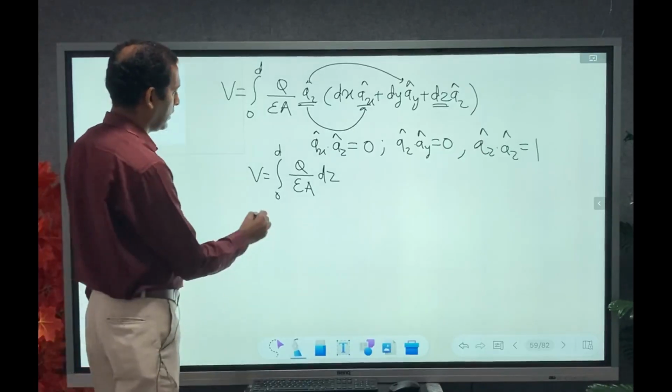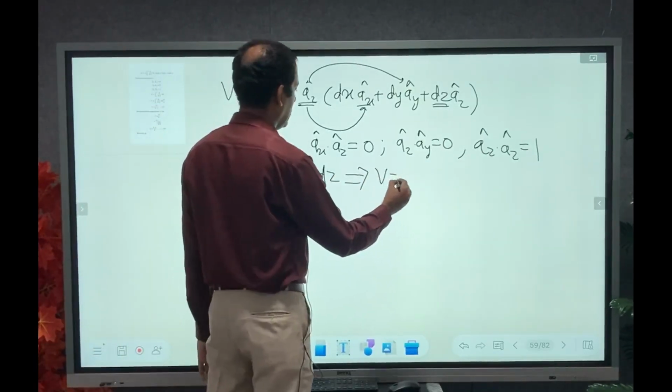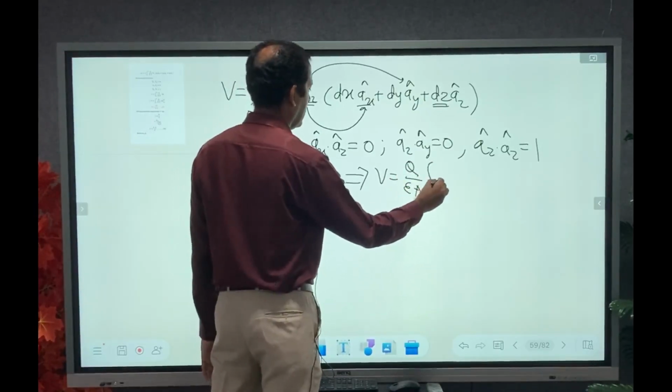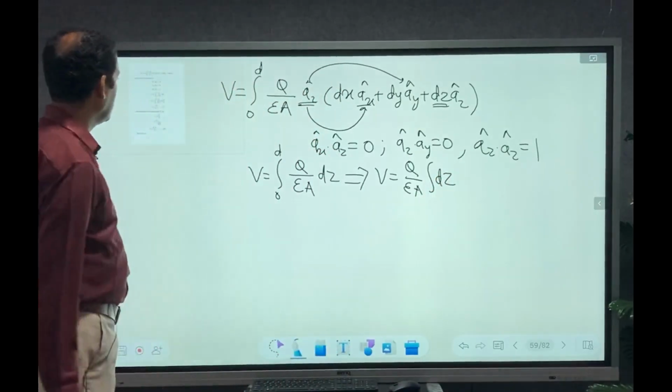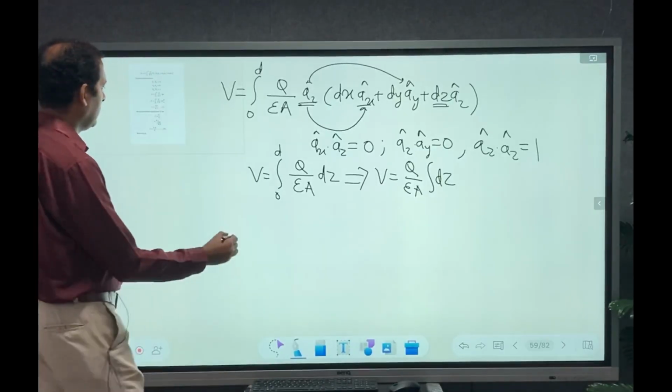We will take out the constants. So what we will get? V is equal to Q by epsilon A integral of dz. If we integrate dz, we will get z, and we will put the limits. So what we will get?